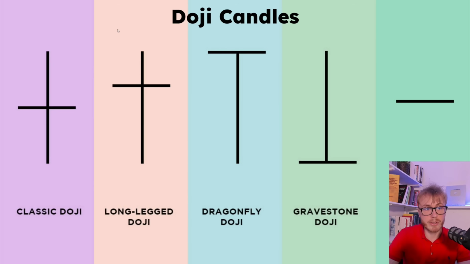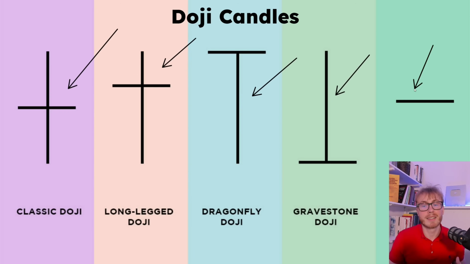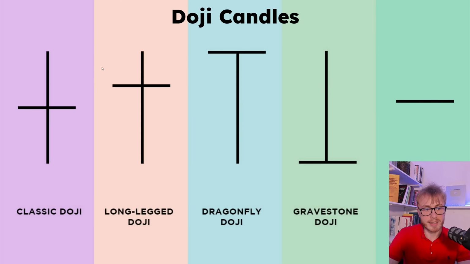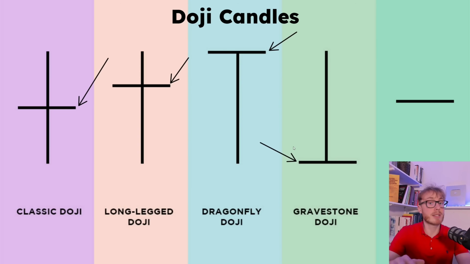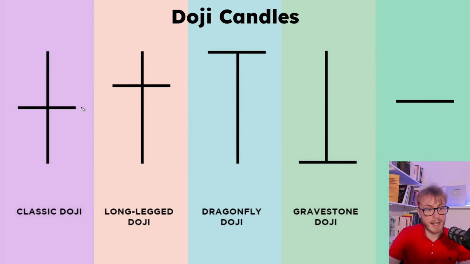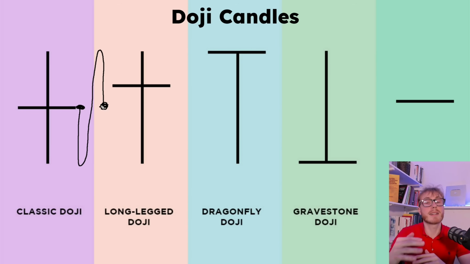As you can see here on the screen, we have many different types of Dojis. They all have different and pretty funny names. But the most important part about the Doji candle is that if you take a look at the body of all the Dojis here, you can see that the body is pretty much only a line, which means that the candle opens, during the candle it moves up and down, but the candle closes pretty much at the exact same level where it opened.